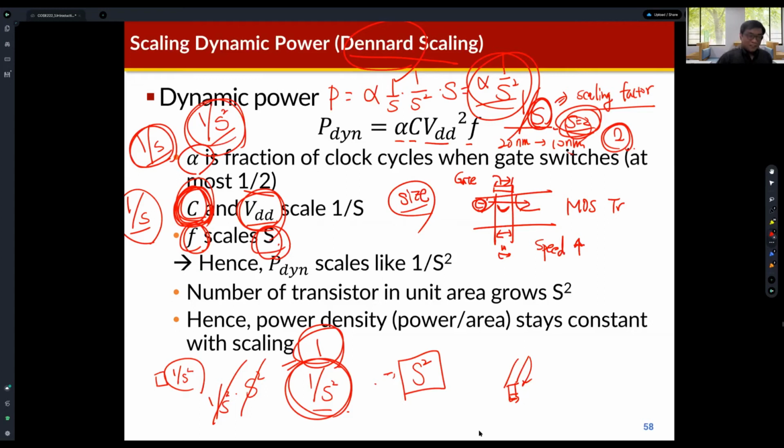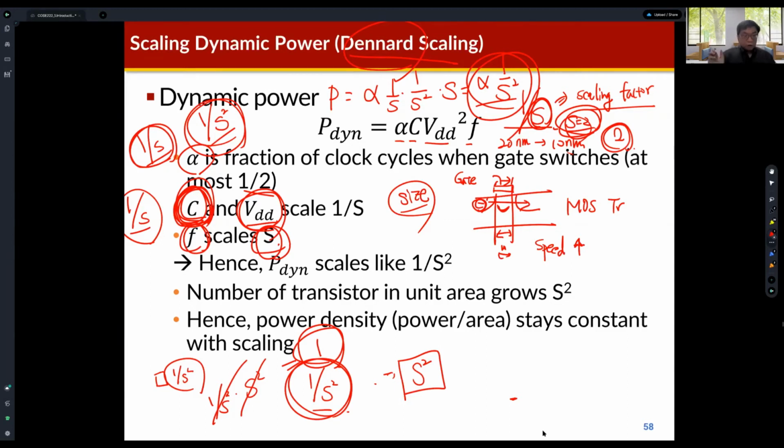So actually, Dennard scaling means that if the semiconductor technology is advanced, then we can make smaller transistors. With smaller transistors, we can also reduce the dynamic power.